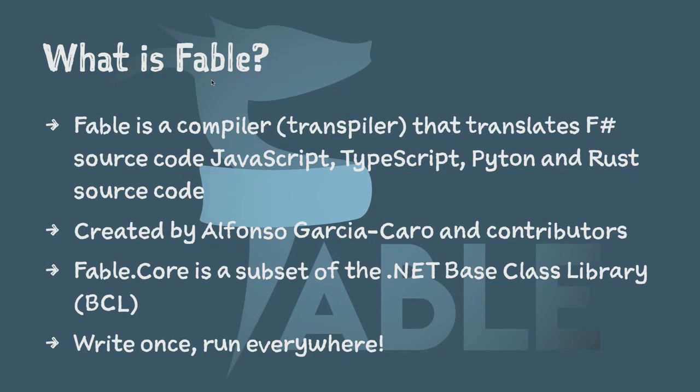The idea with Fable is that you can write a library once, and then compile it into something that can be used on many different runtimes and platforms. Suddenly you have one library that you can use in your JavaScript application, on .NET on the server side, or in Python for some data science.